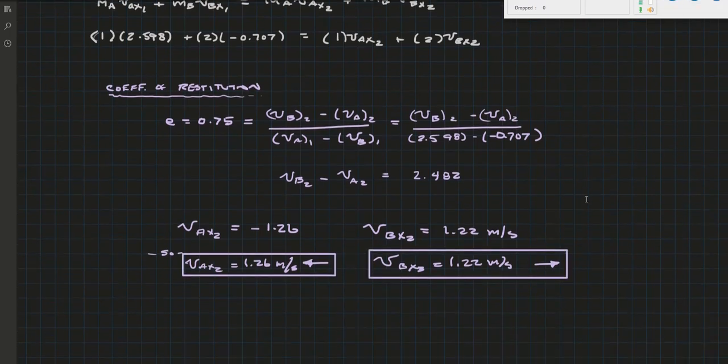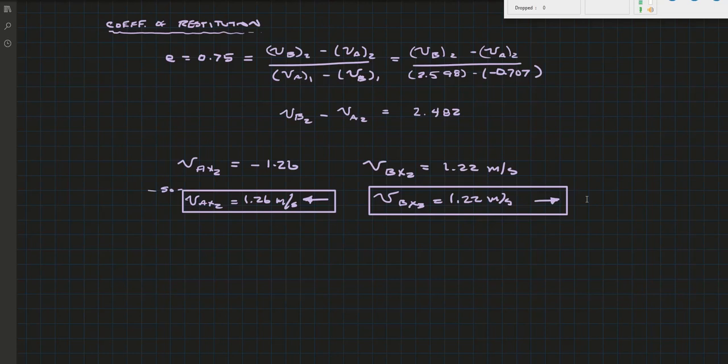Now, these are only the x components of the velocity after impact. The y components also will use conservation of momentum here.